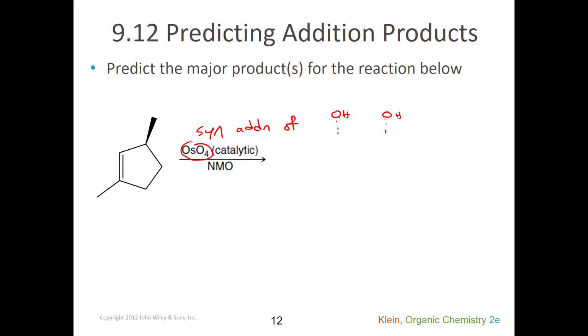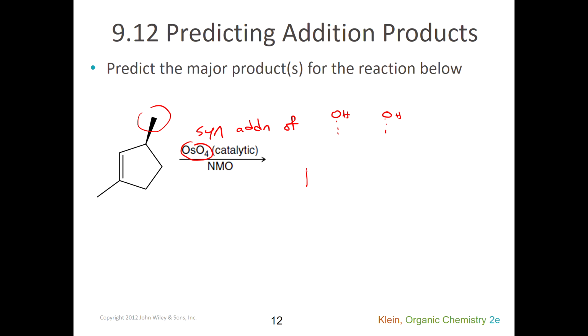So they're going to be on the same side, both solid wedges or both dashed wedges. And if I'm thinking about that OsO4 coming in, as we said, both oxygens are going to add across the double bond at the same time. If this methyl group is blocking the top face a little bit because it's pointing out at me, it might be more likely for those to come underneath.